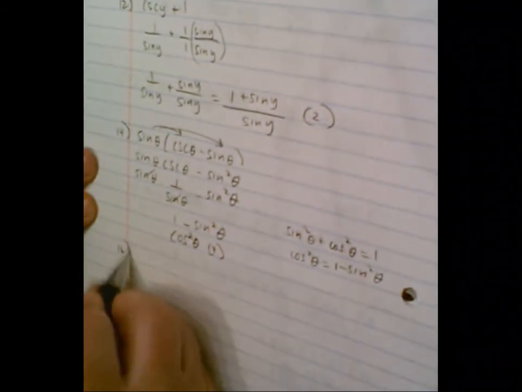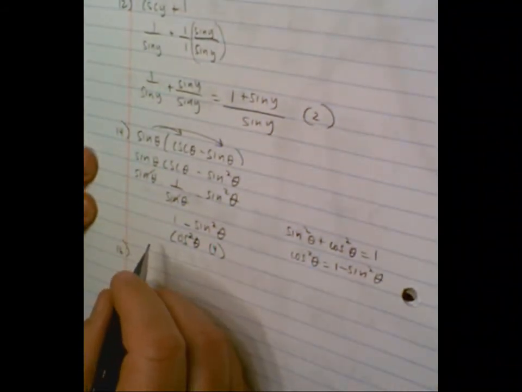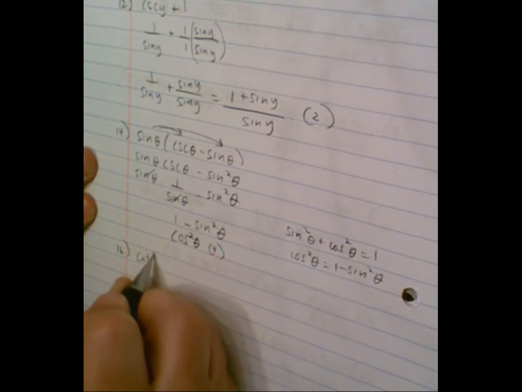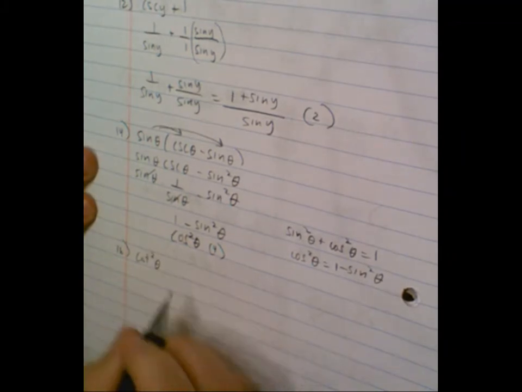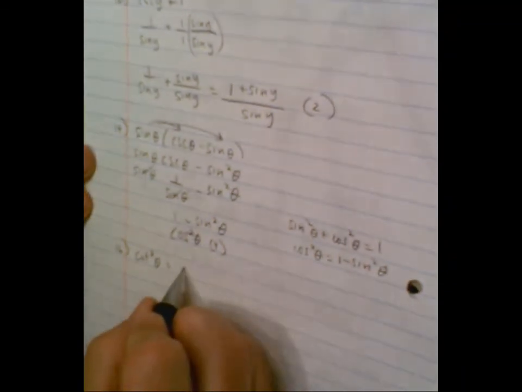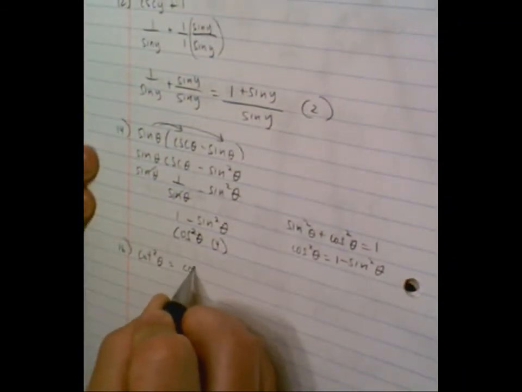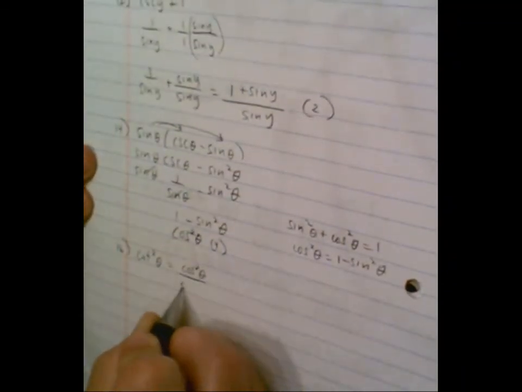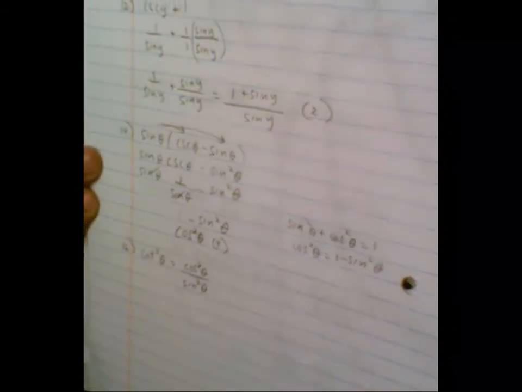Number 16. Cotangent squared theta is equivalent to what? Well, cotangent squared theta is cosine squared theta over sine squared theta.